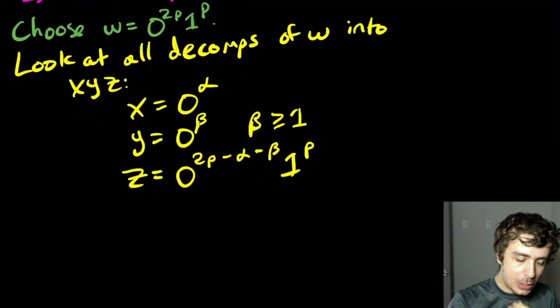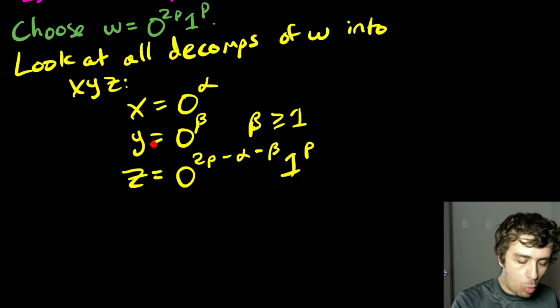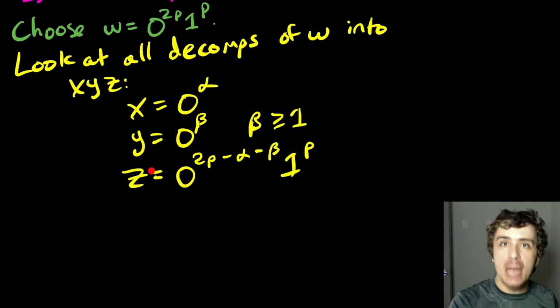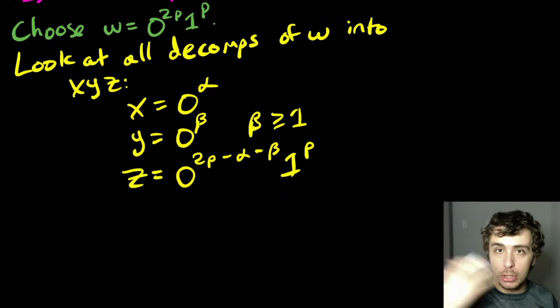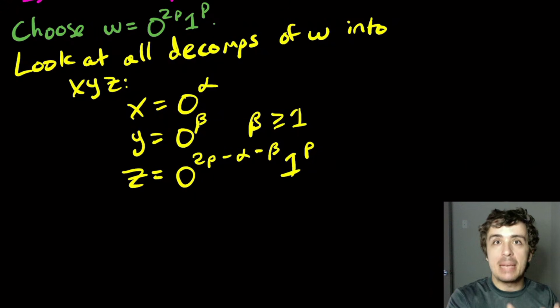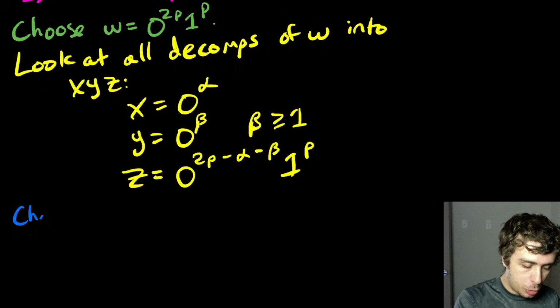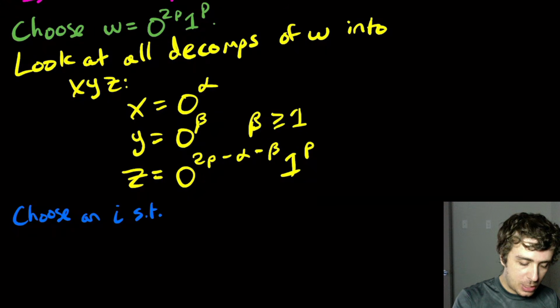So we need to now choose a value i such that x y^i z is not in the language, because we want to escape the language, because that would contradict the statement in the pumping lemma, the fact that this was regular.